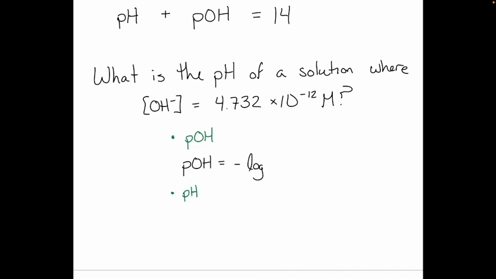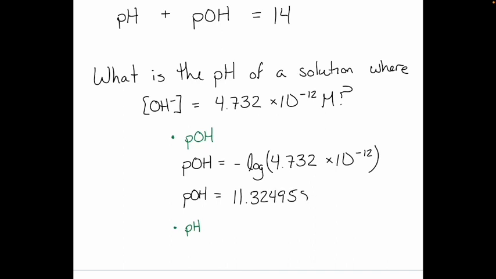So in order to get the pOH, I'm going to take the negative log of that concentration, because that was the hydroxide concentration. So I get 11.324955.